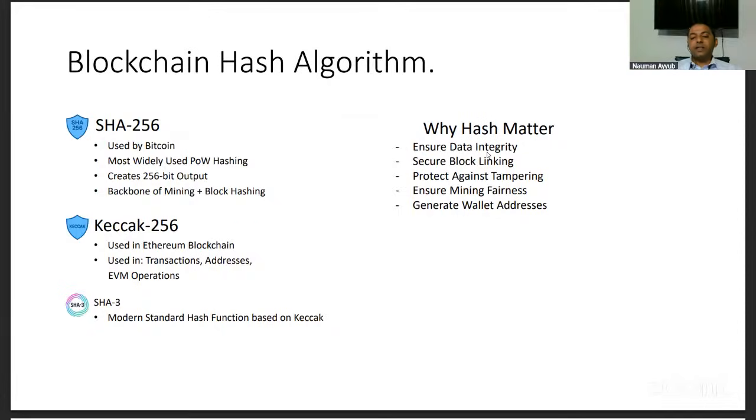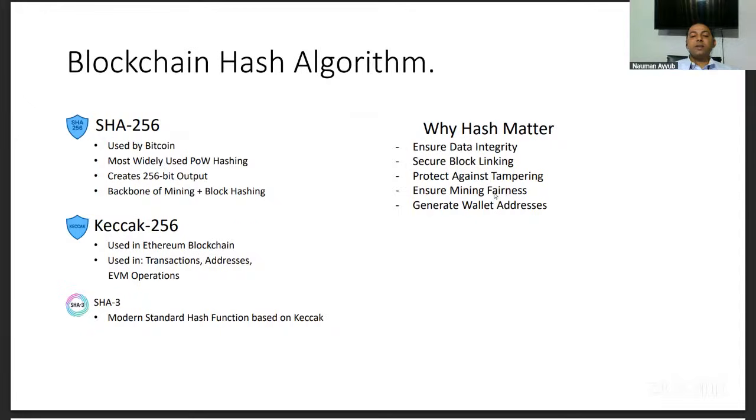Data integrity: if someone tries to change the data, our hash will change. Secure block linking: a new block contains the hash of the previous block, so everything is linked together, and if we change anything at any point, the link will break. It also protects against tampering, ensures mining fairness, and generates wallet addresses.